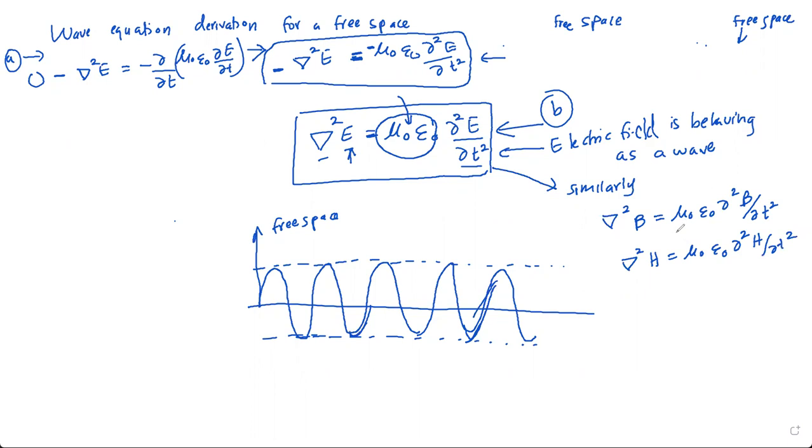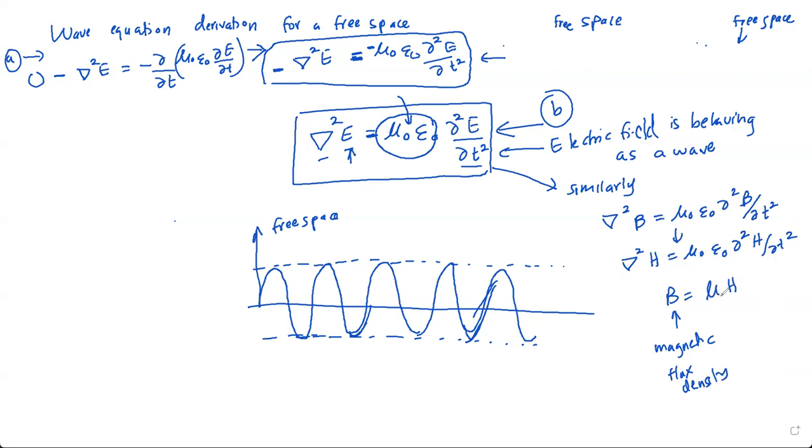The reason, I will explain: B, which is the magnetic flux density, can be related to the magnetic field. So the magnetic field is related to B in this manner.